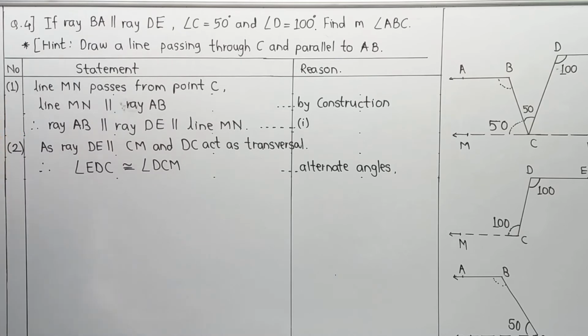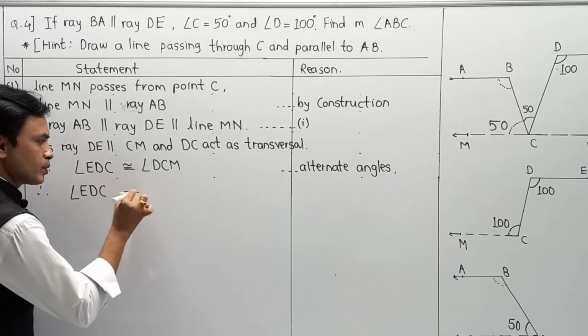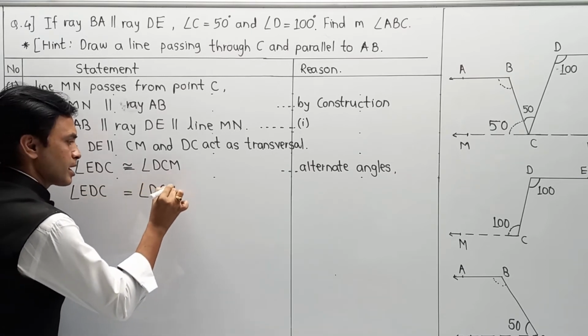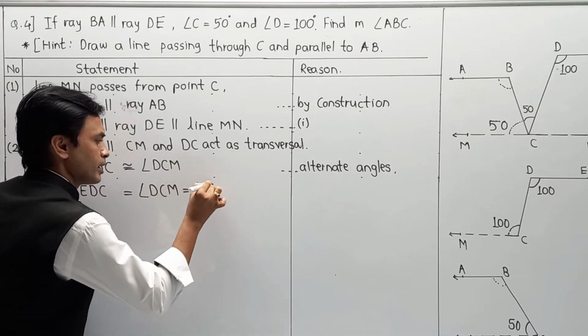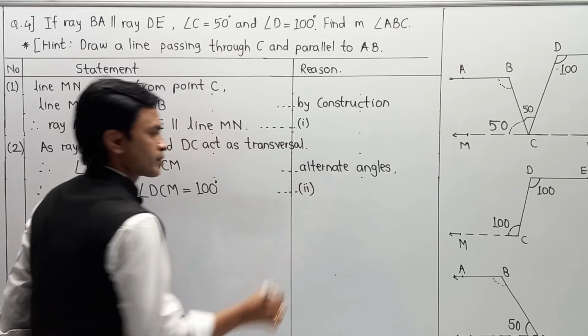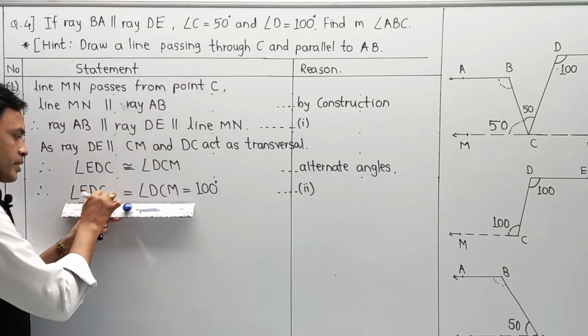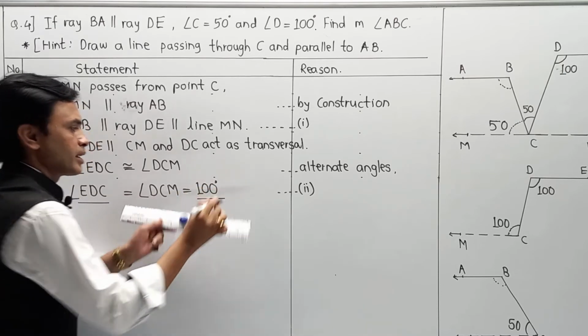And we can have the part: therefore, angle EDC is equal to angle DCM, which is equal to 100 degrees. I am going to give it as equation number 2. So you are able to get this value, EDC, as 100 degrees.